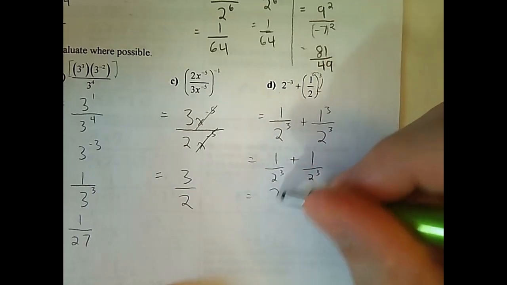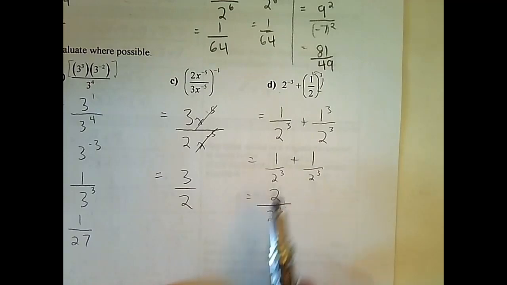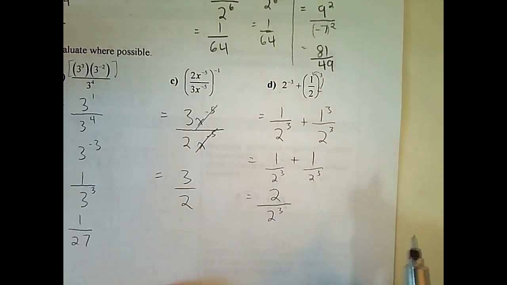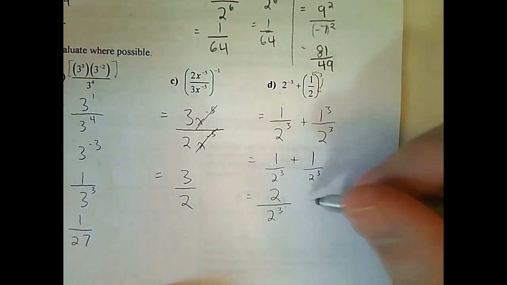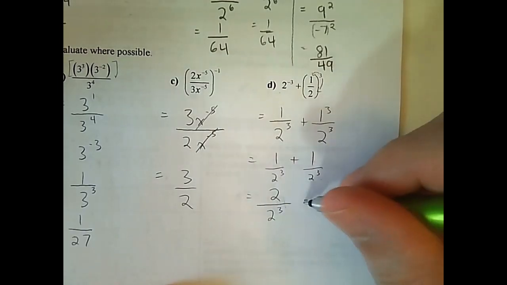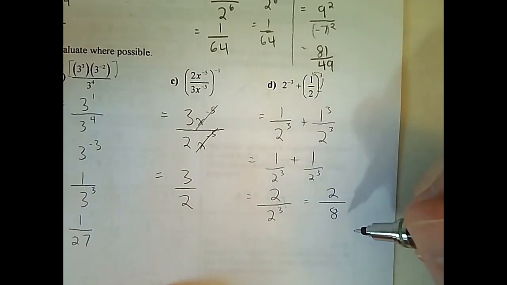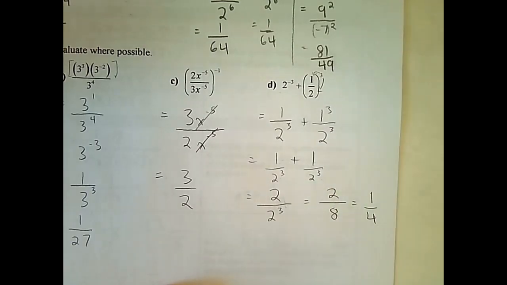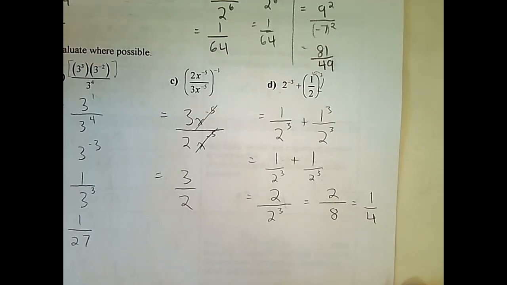So I'm left with 2 over 2 to the power of 3, because these have the same denominator, so I'm just going to add the numerators because I'm adding fractions here. And this is going to equal 2 over 8, which is equal to 1 over 4. So that's one way you could do it. And I say that's probably the easiest way.